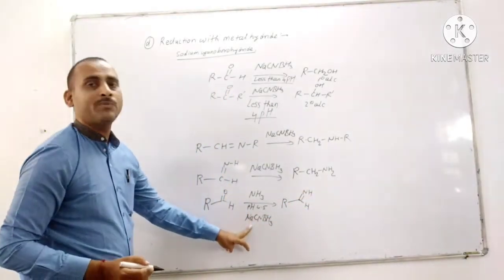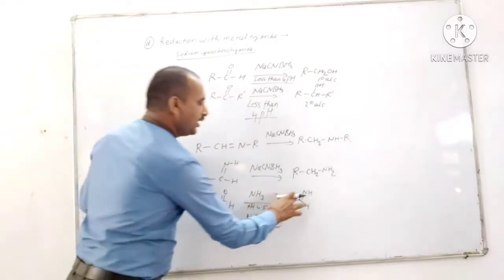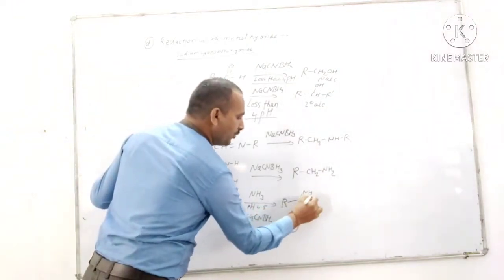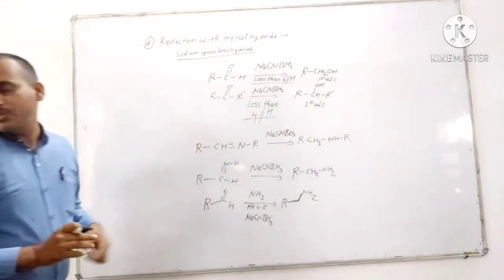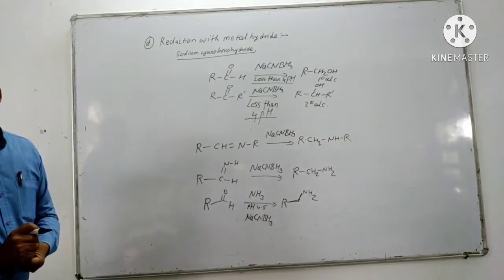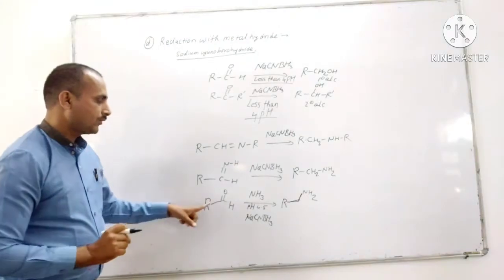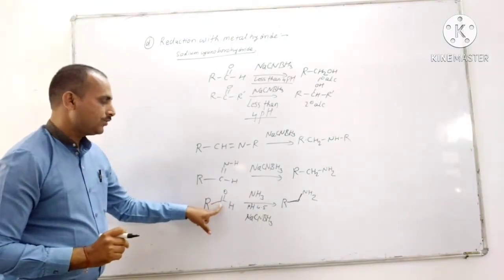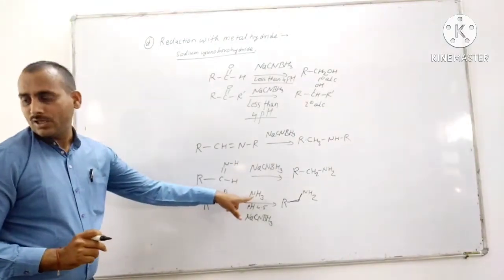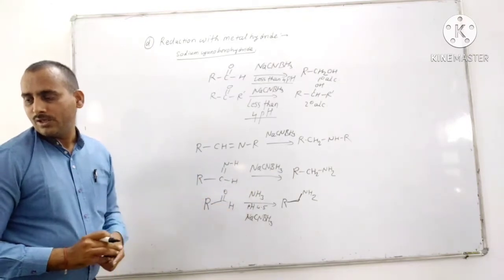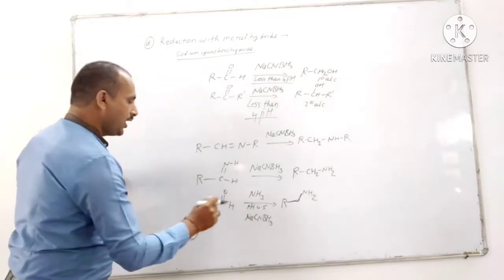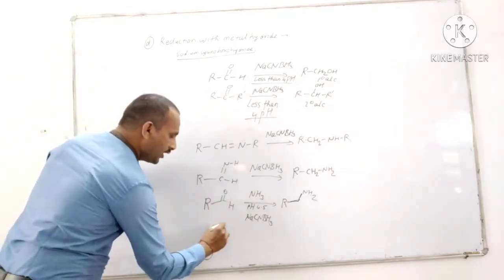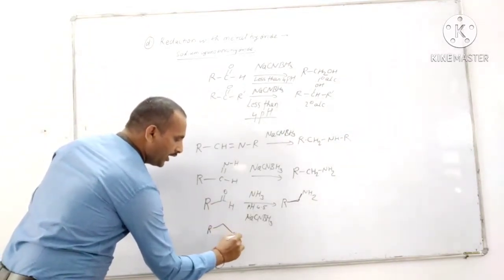In presence of sodium cyanoborohydride, this imine gets converted to amine, means RCH2NH2 formation takes place.